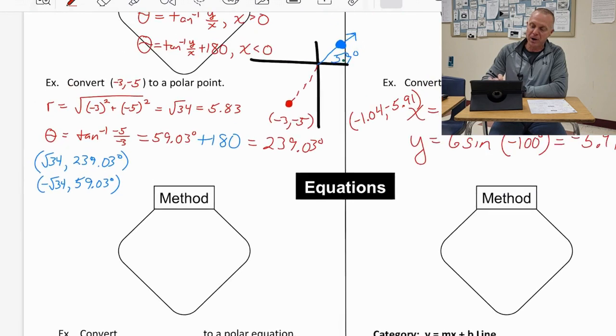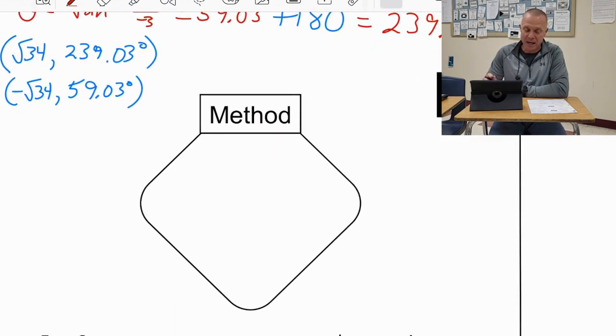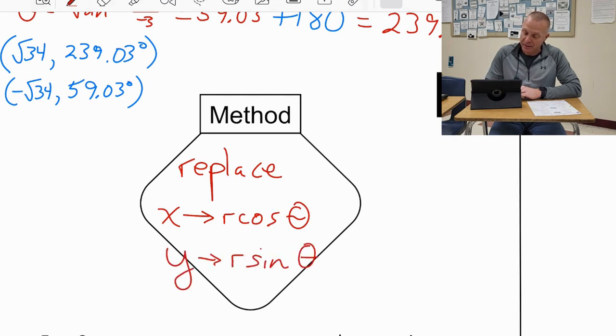Flip her back over to the front. I'm on the left-hand side, now down to the equation section. And what we're going to do is we're going to conclude that we're going to replace x with r cosine of theta. And we're going to replace y with r sine of theta. And when you do that replacement, you're going to end up with a polar equation.